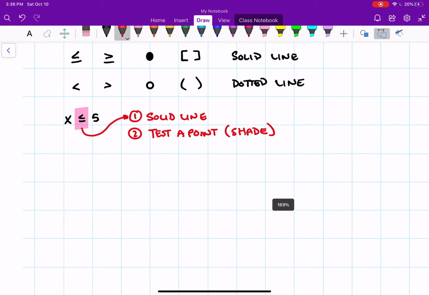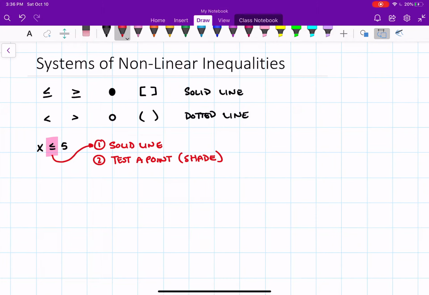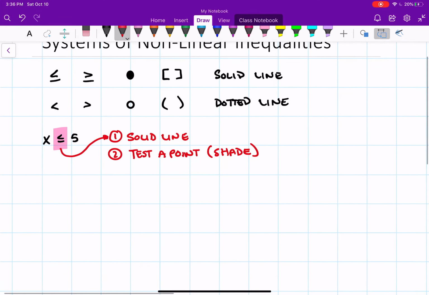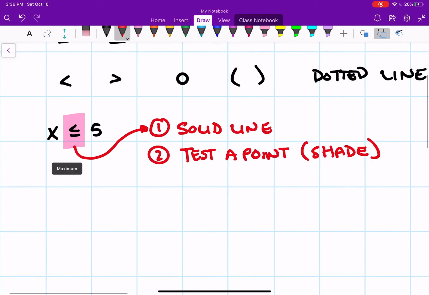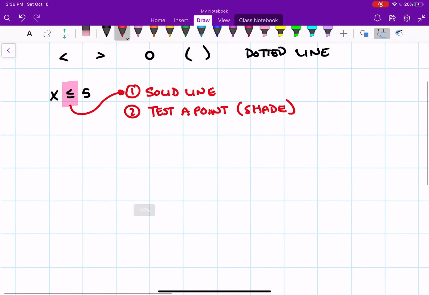And what do I mean by shading? With inequalities, we have multiple answers, not just one. Like an equation, we don't have one answer or two specific answers, whereas with inequalities we have a whole slew of them. If you think about how many numbers are less than or equal to 5, we have a lot of them, and now that we're going two dimensional, it's even more.